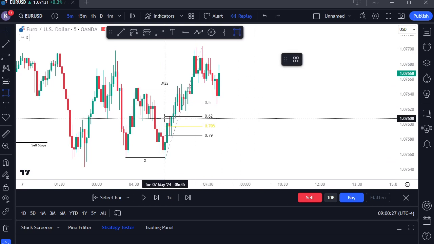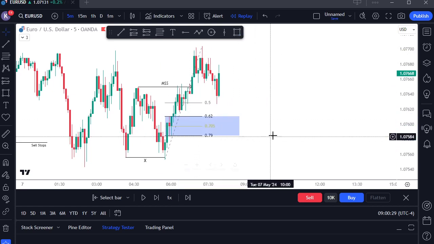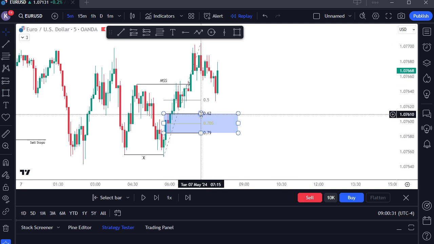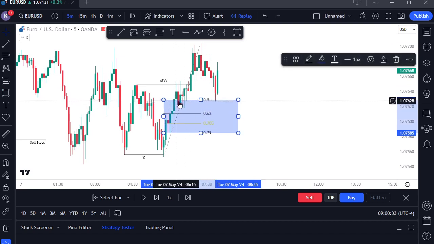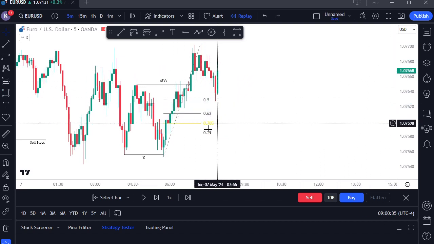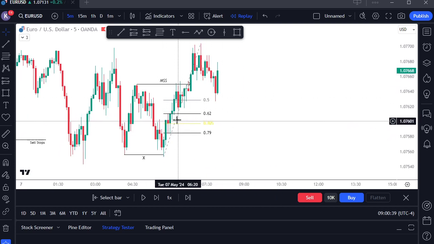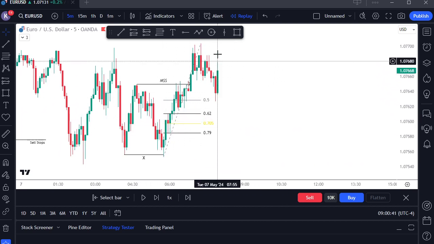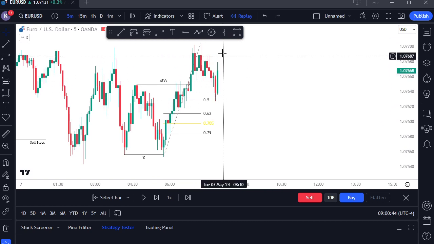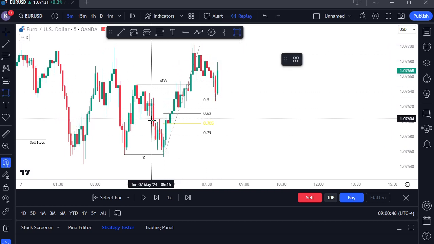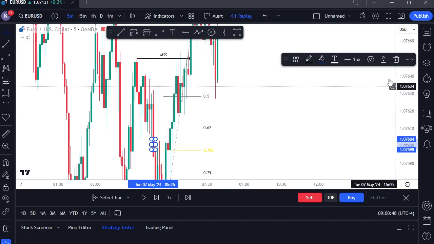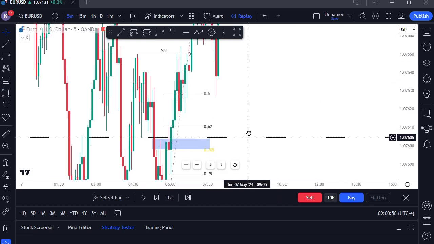in this OTE zone, or just below this 50% line, because since we're buying, we want a discounted price to enter in. So some people might have entered on this inverse fair value gap.